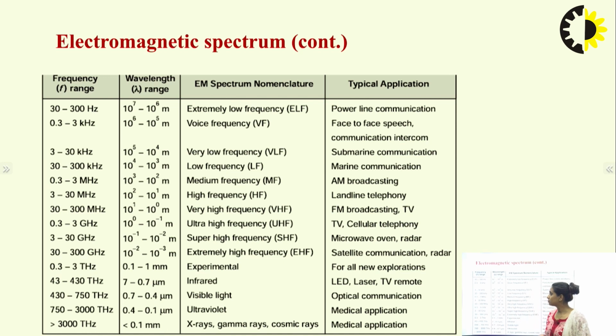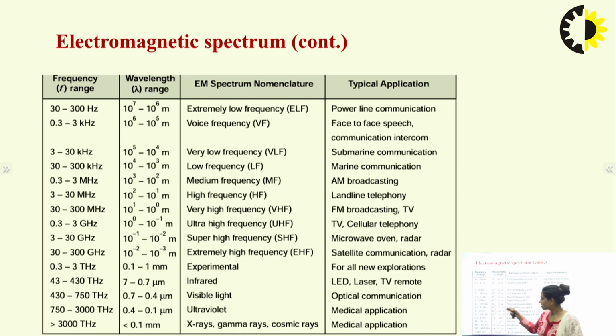Now, if we talk about very low frequency, 3 to 30 kilohertz, it is used for submarine communication. Low frequency, 30 to 300 kilohertz, is used for marine communication, and medium frequency, 0.3 to 3 megahertz, is used for AM broadcasting. High frequency is used for landline telephony, and the frequency is 3 to 30 megahertz.